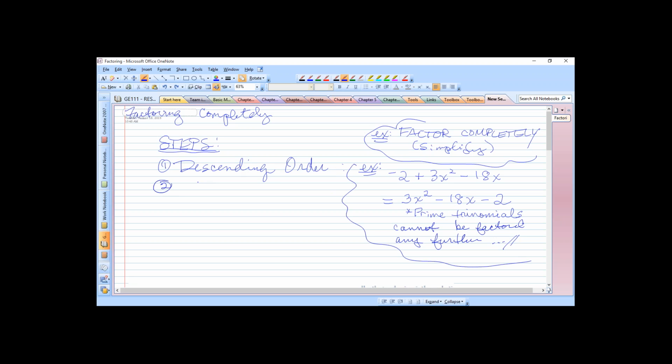Once you have it in descending order, we want to look for a common GCF, greatest common factor, of all the terms. So we would factor out a monomial factor.